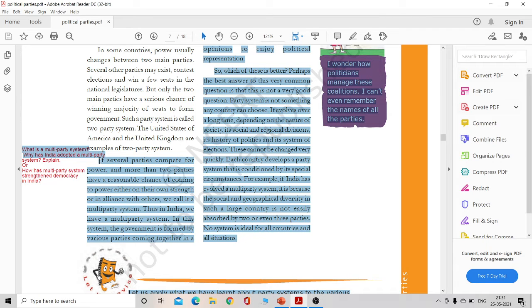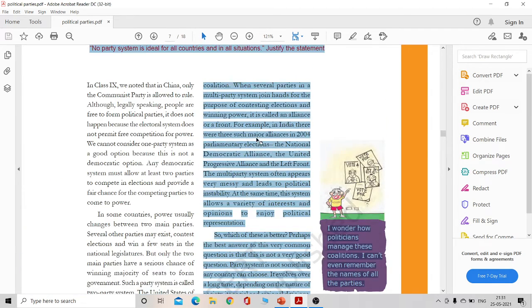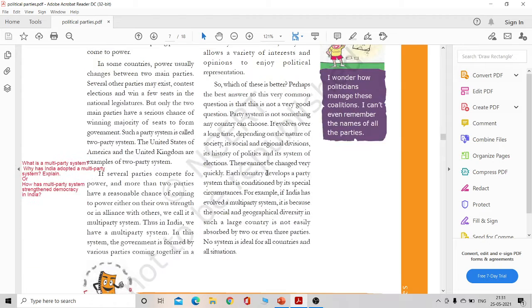First you define the term: what is a multi-party system? It is when more than two parties are competing and have a reasonable chance of coming to power on their own strength, or they may form alliances. And in India, various parties come together because we have a unique regional diversity.